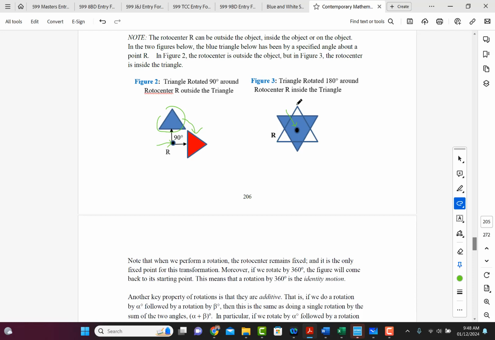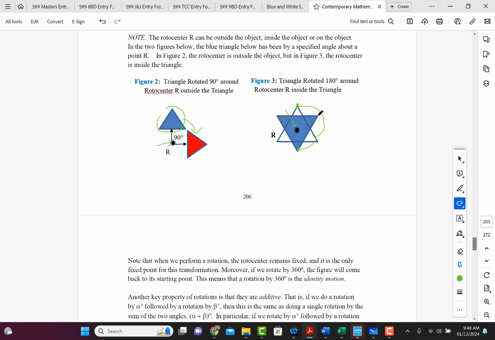And so this point here has been rotated 180 degrees to here. And likewise for every other point.